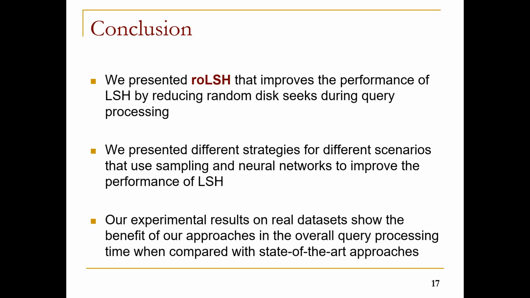In roLSH, we use sampling and neural network-based techniques to overcome the challenges of having the best estimation for projected radius. Finally, we presented experimental results on real datasets to show the efficiency of roLSH as compared with state-of-the-art approaches.